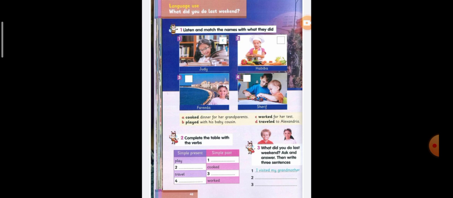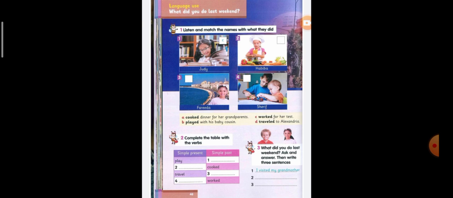Who played with the baby cousin? Excellent, Sharif. So in picture number 4, we will write B. C, worked for the hair test. Who studied? Okay, C. The last one, traveled to Alexandria. The picture number 3.